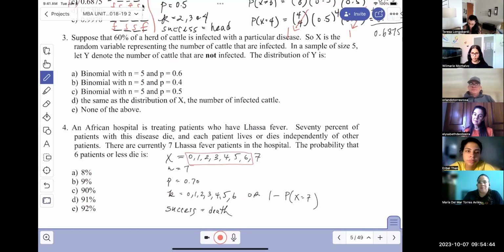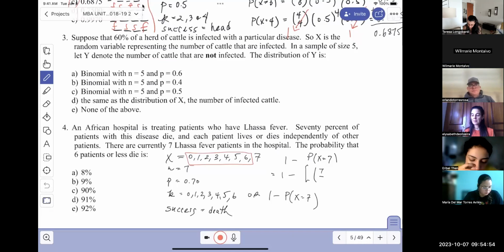So we're going to write the whole thing: 1 minus probability X equals 7. And that's 1 minus 7 choose 7. So there's only one way of seeing that all of them die. And so what's the probability of death? It's 0.7.